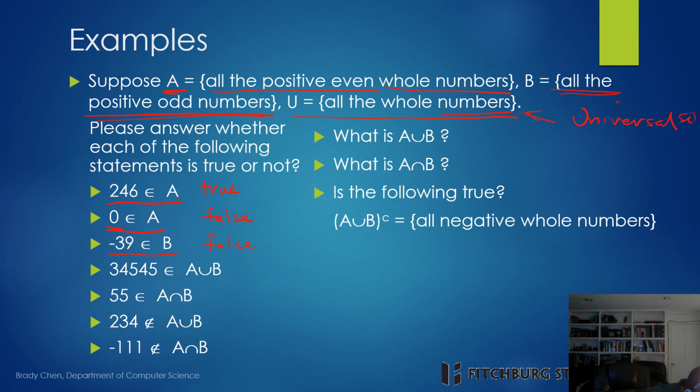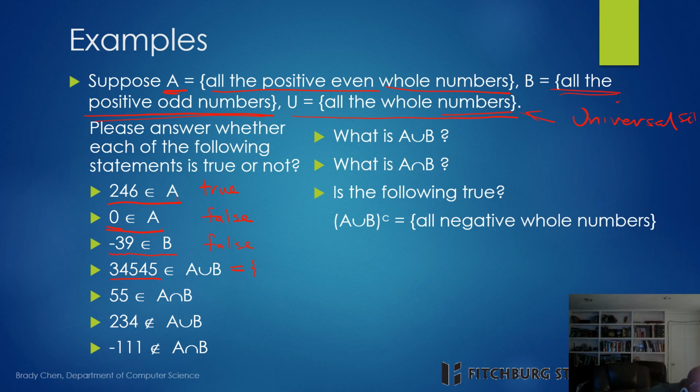Now, let's take a look at this. 34,545. Looks like that's a whole number. Does the number belong to A union B? Now, what is A union B? We need to figure out. A is all the positive even whole numbers, B is all the positive odd numbers.